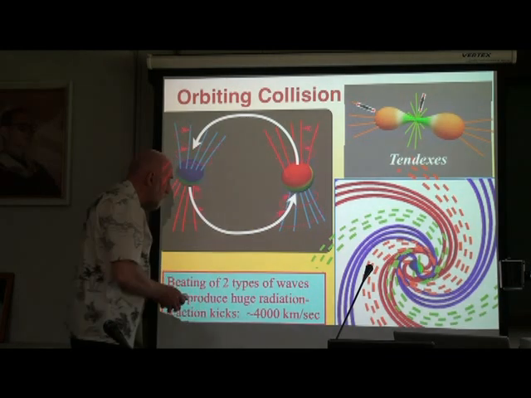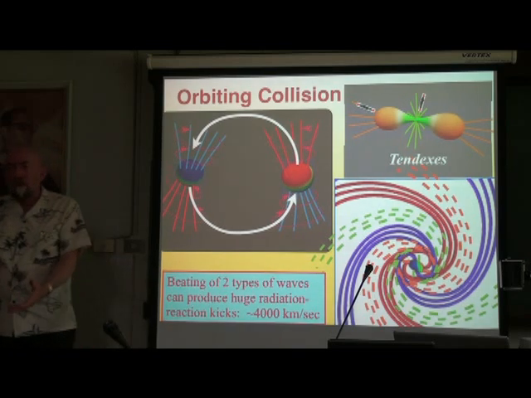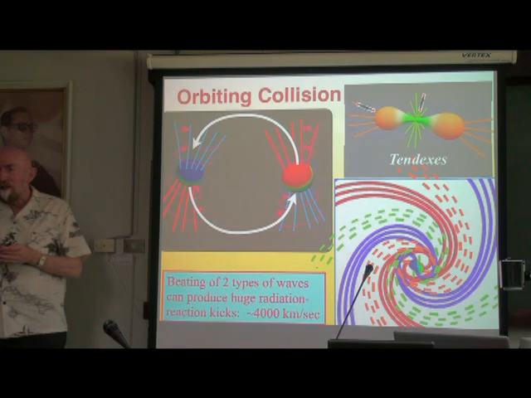So the merged black hole can receive a kick as large as 4,000 kilometers per second, which is enough to eject the merged black hole from the nucleus of any galaxy.